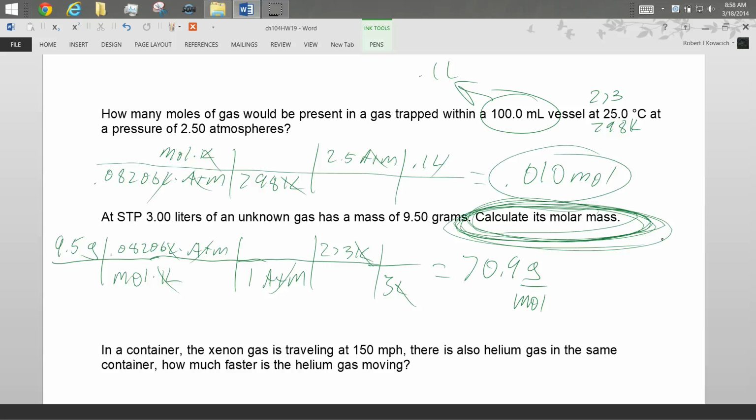I didn't use the ideal gas law equation per se. I mean, we actually did, it just doesn't look like it. So all I'm trying to do is create a number whose units are grams in the numerator and moles in the denominator. And then I just throw everything into the railroad track to give me grams in the numerator, moles in the denominator, and everything else cancels out. It's all units.